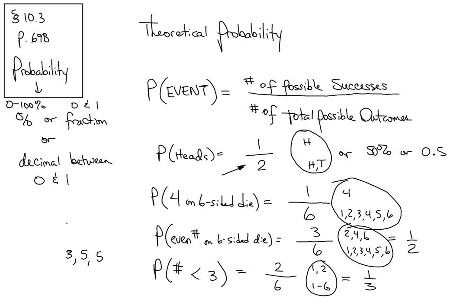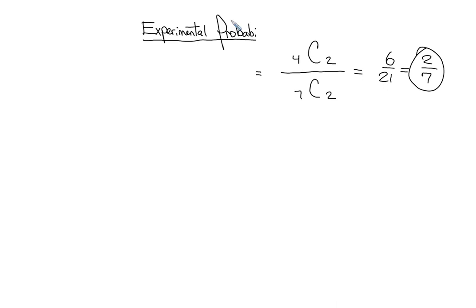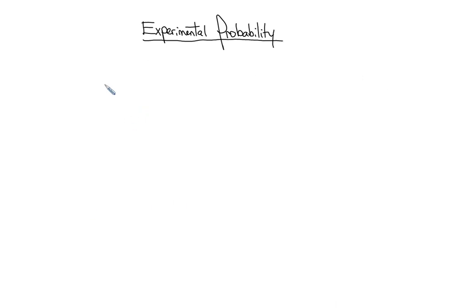So now when we talk about experimental probability, now we're going to do what we just did. Experimental probability of some event is not the number of possible successes divided by the number of total possible outcomes.